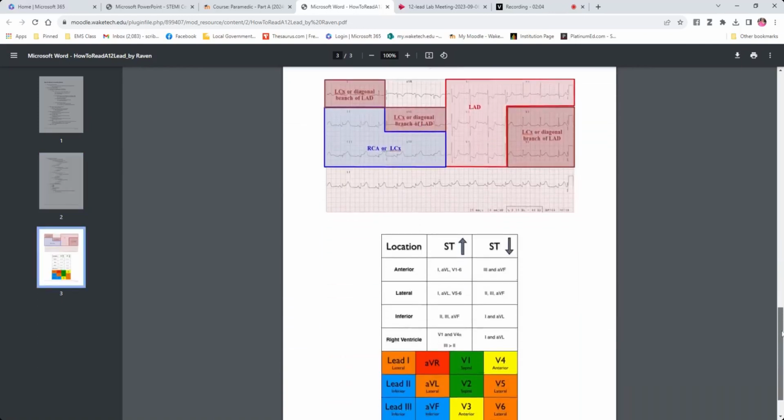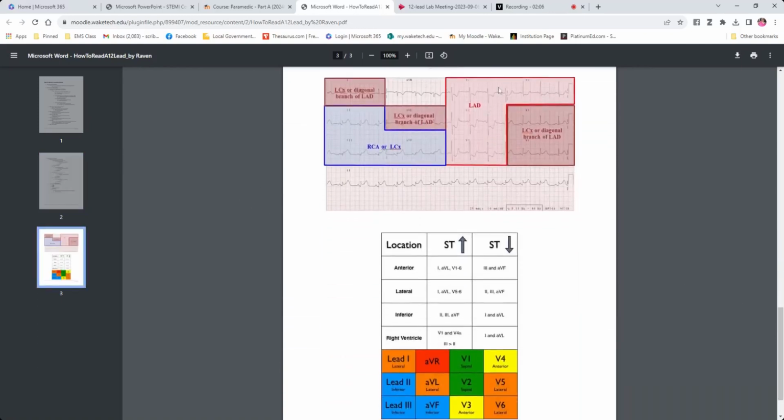This at the bottom is where the arteries are read on the 12 lead itself. V1 through V4 is the left anterior descending, or the LAD. The lateral leads are the left circumflex.